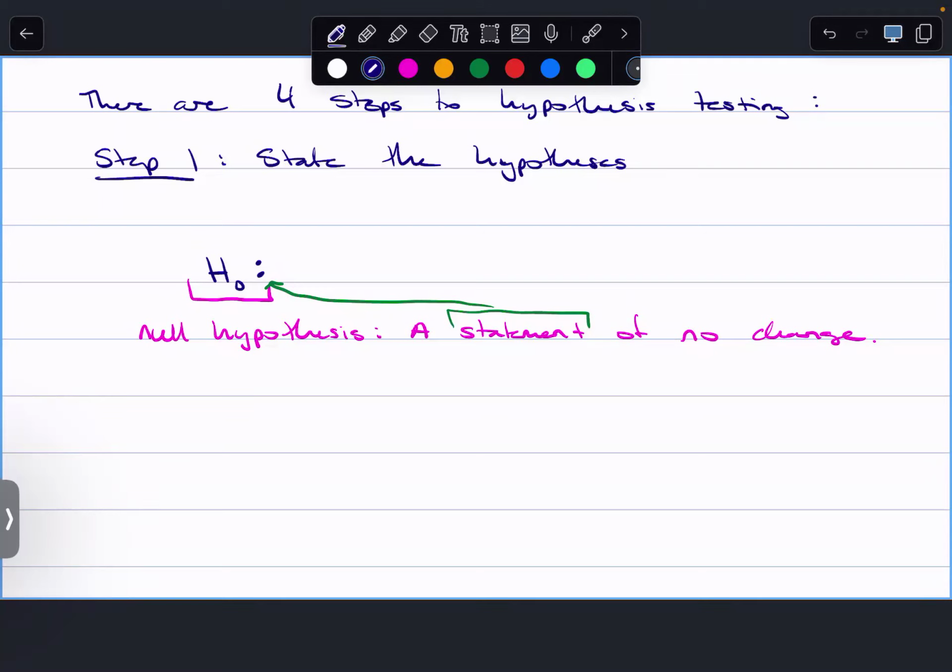It's going to be a statement about the population. Remember, the goal of hypothesis testing, just from the past few days, is to learn about the population. So we have sample information, but we want to ultimately learn about the population. And so the population parameter that we're talking about in this case is going to be P. I want to learn about the population proportion.